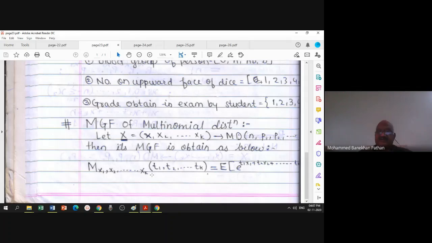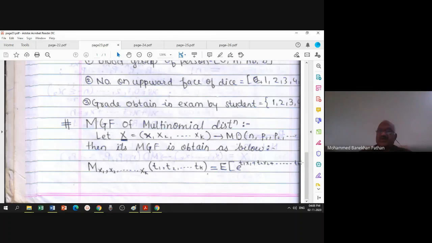In brackets, MGF of X1 is evaluated at a point t1, X2 with t2, like this up to tk. This is equal to the expected value of e to the power (t1 X1 + t2 X2 + ... + tk Xk).